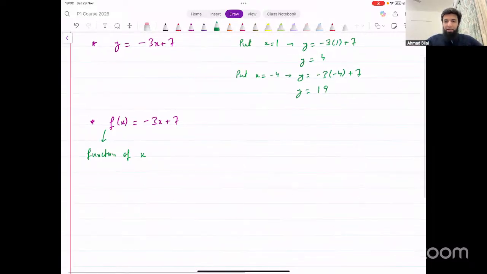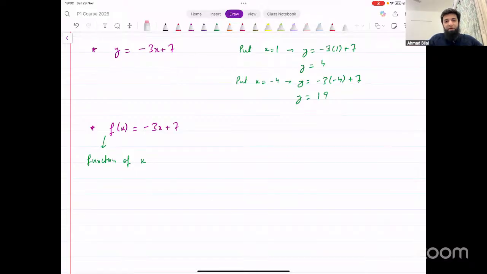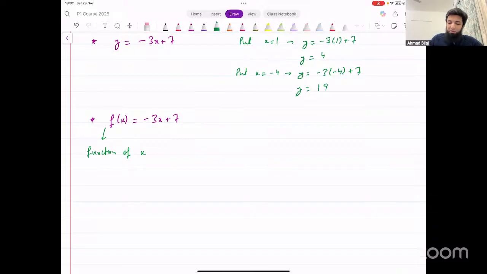Now, in that earlier notation, if we had to input some value of x and get some corresponding value of y, we used to put x equal to 1 and get a corresponding value of y from that. In function notation, if we have f of x equals minus 3x plus 7 and you want to input x equal to 1 in that, you would say find f of 1.